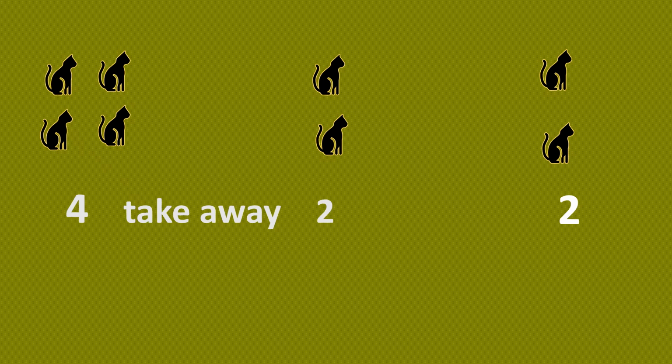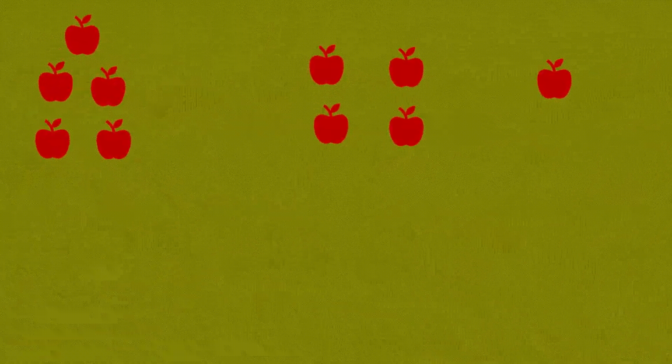Check it out. Next one. How many apples are here? 5. Count it. 1, 2, 3, 4, 5. We again separate 4. Suppose in a bucket 4 apples are there and we check out 4.